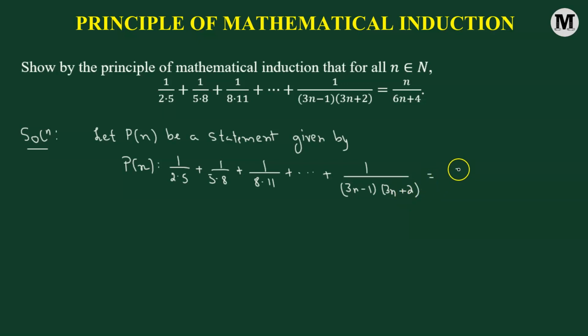This is equal to n over 6n plus 4. Fine. We're going to label this as number 1. So this is how we can represent a given equation in the form of a statement.